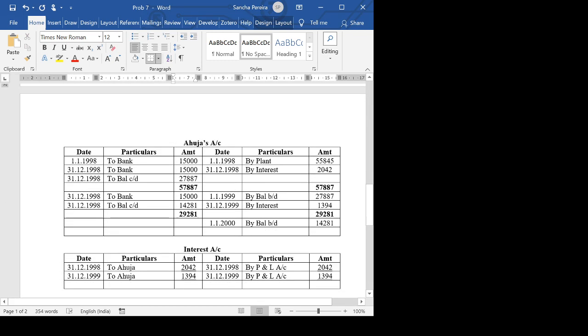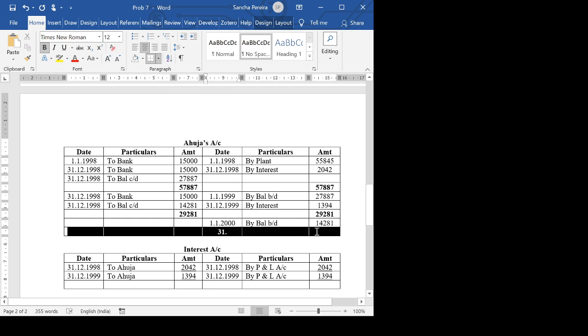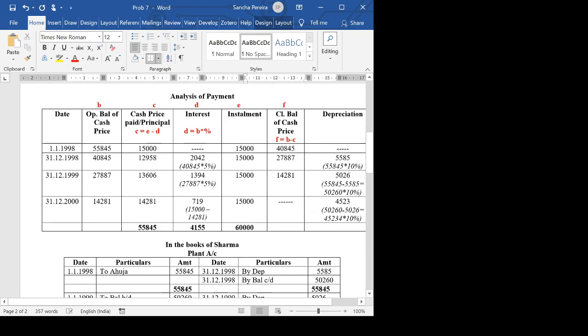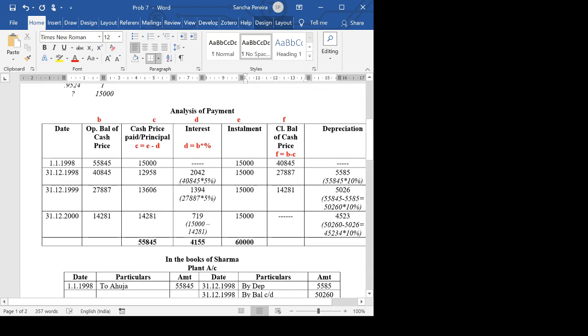So the interest first. So 31st December 2000. By interest, how much is the interest? 719.